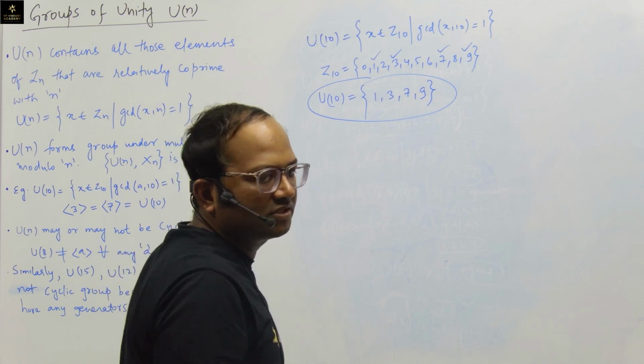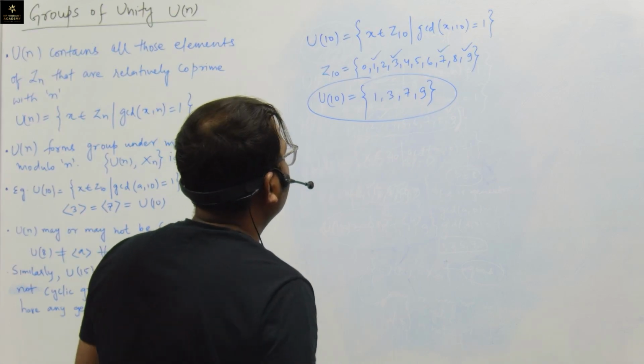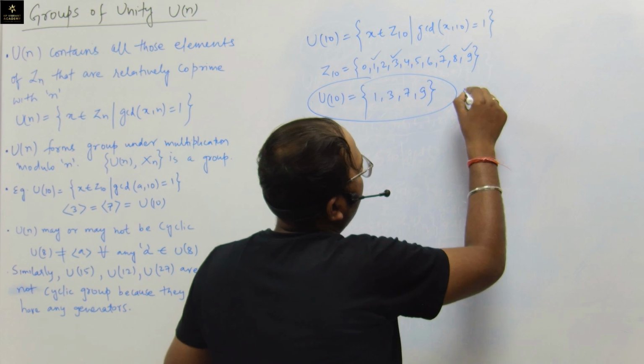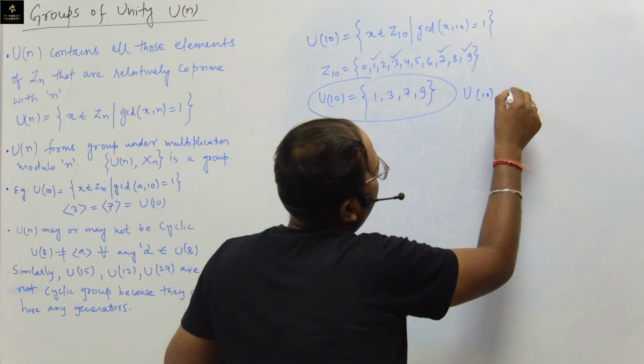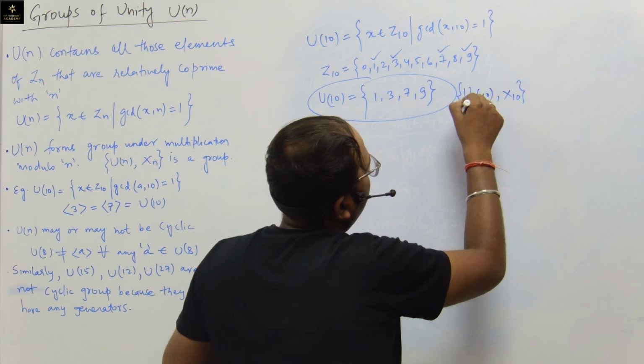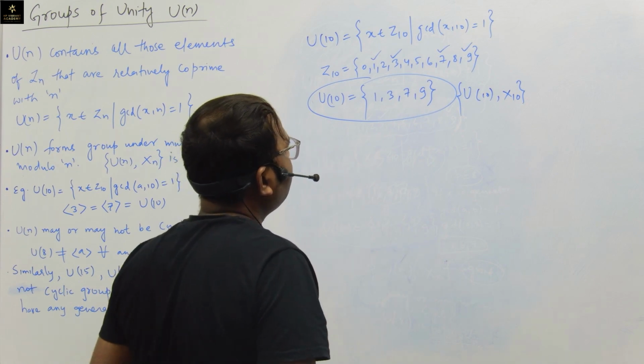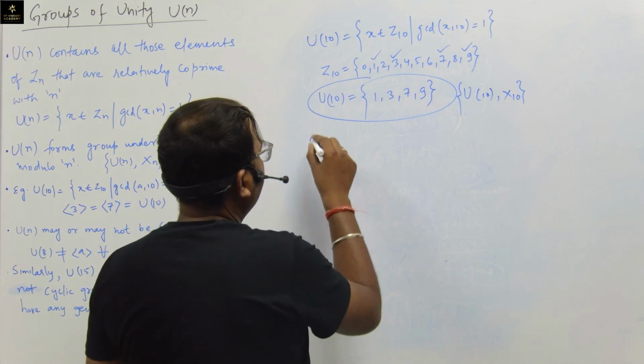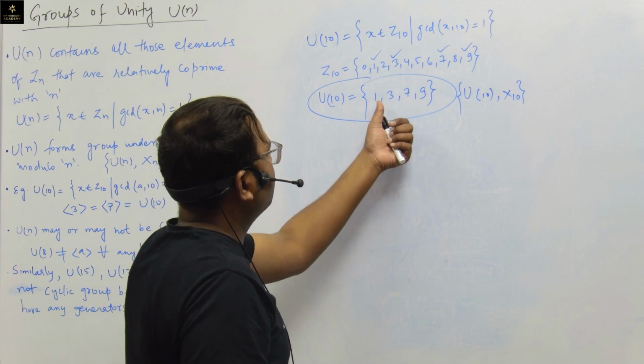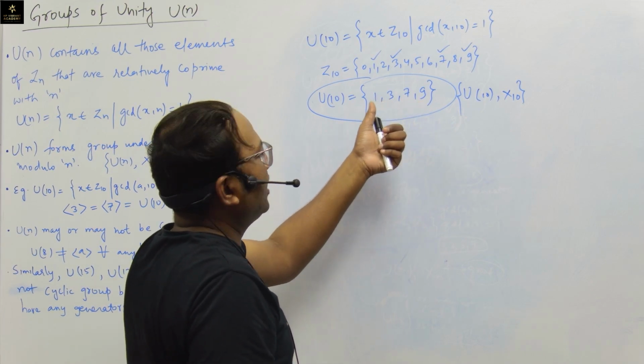Now let us find the generator. U10 forms a group under multiplication modulo 10. Let us take elements one by one and try to generate U10.